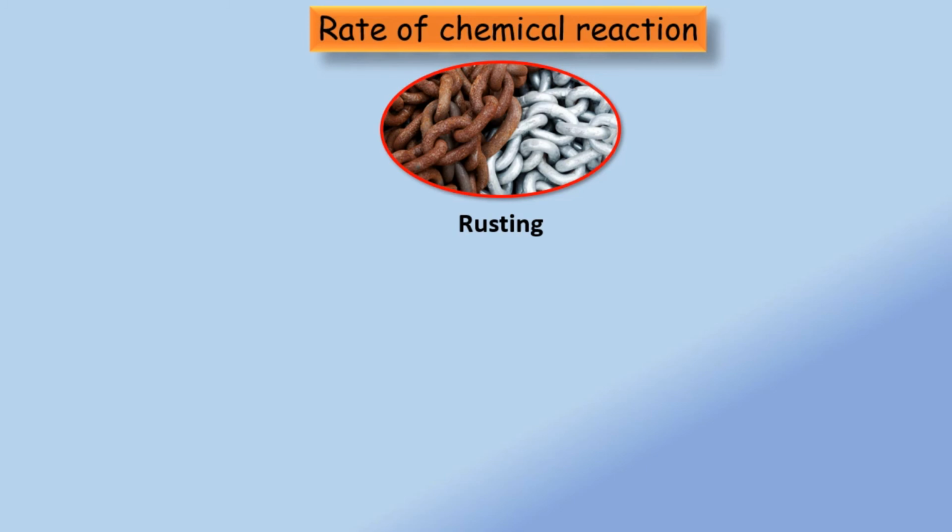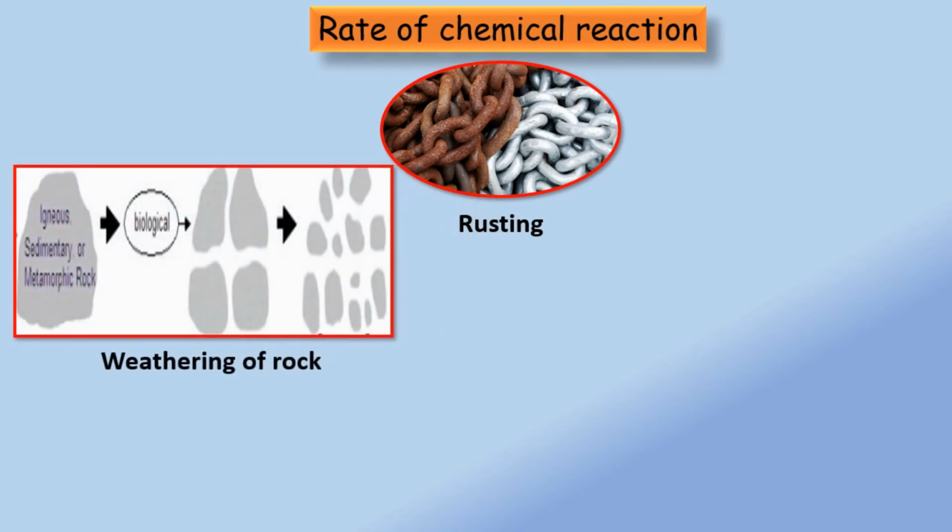Weathering of rock means breaking of big rocks into smaller rocks, then smaller stones, and finally into soil. This is also a very slow process. It may take several years to complete.